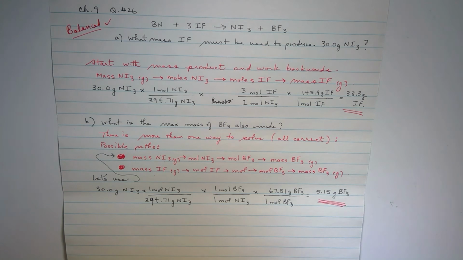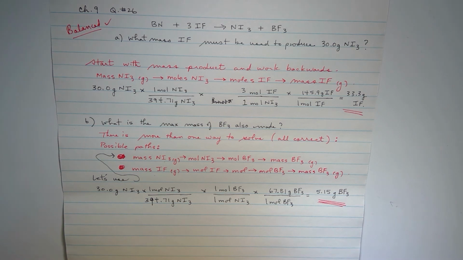All right. So the key message here is that once you have a balanced equation, you can use it to find out how much of this do I need to make that. If I want this much product, how much of that product also forms? Or if I want this much product, how much of this reactant do I need? Or if I have this much reactant, how much of this reactant do I need to go with it? So you see all the possible combinations there are, and that really tells you how many different types of questions you should be able to answer.